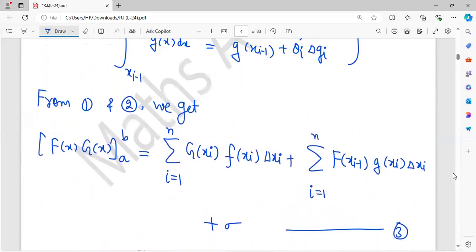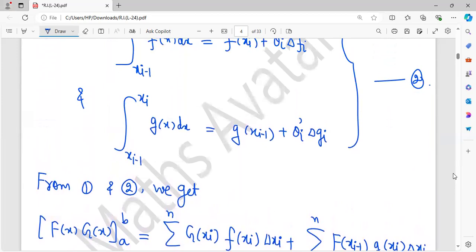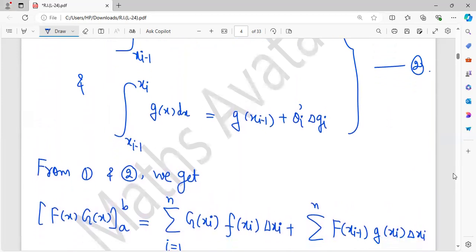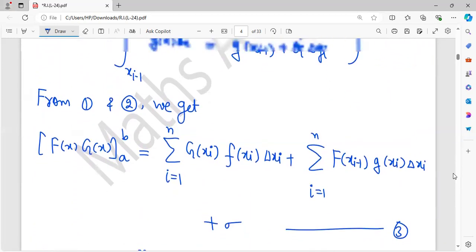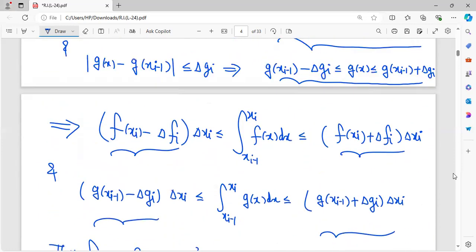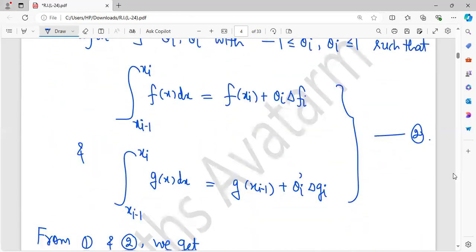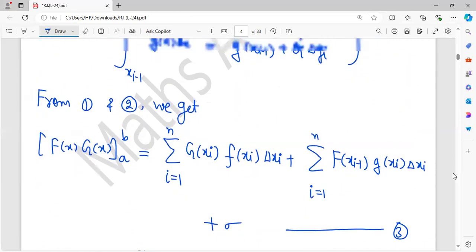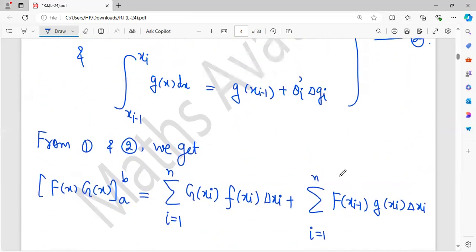Let me check again. So this is this. So this is nothing but actually, this will be g xi minus 1. Sorry. So g x minus 1. Okay.